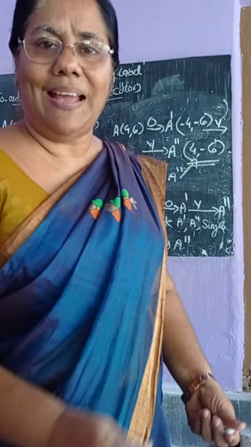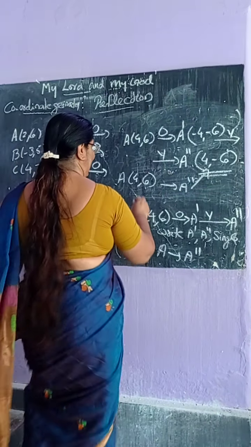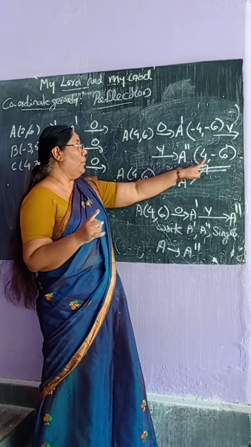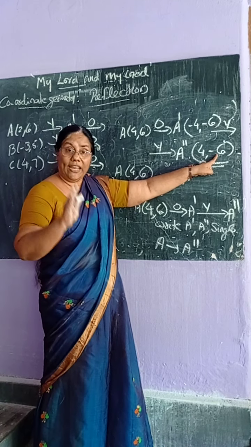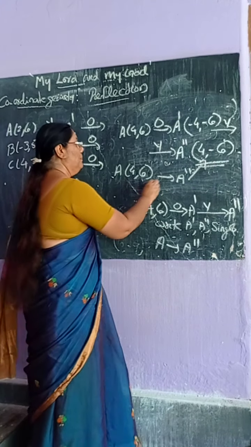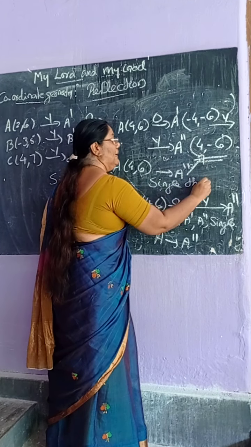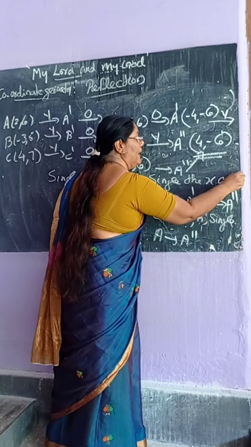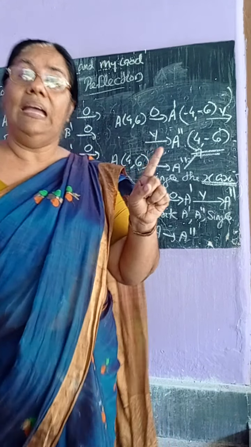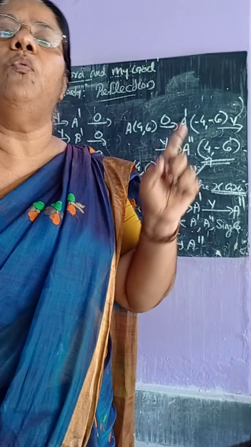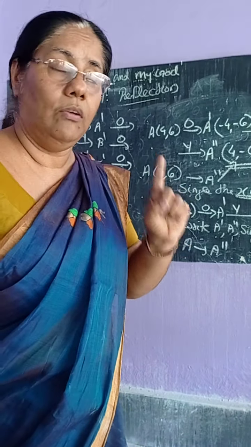Therefore, the single transformation is through the x-axis. Through the x-axis, and underline that. Suppose the question is write the equation. Then you have to write y equal to 0. Understand? Through the x-axis or y equal to 0.